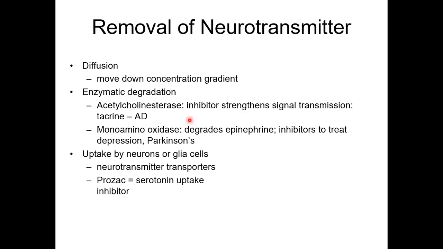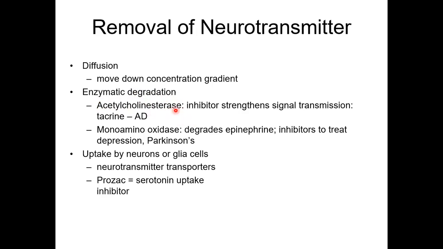So let's take a look at some of the basic action that happens to neurotransmitters. Once acetylcholine is inside the synaptic cleft, it can cause excitation forever. Well, our nervous system and our neurons need to be ready for a new communication in a matter of milliseconds. So to prevent that continued extended excitation, neurotransmitters are routinely degraded.